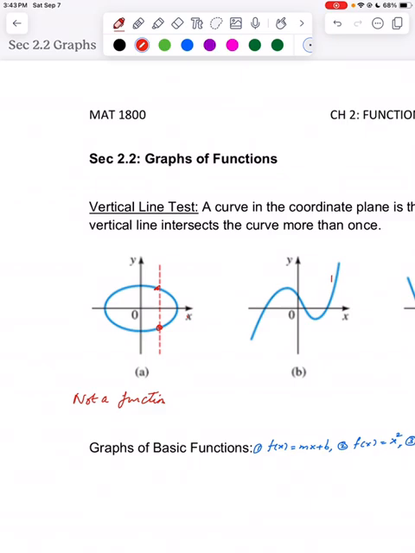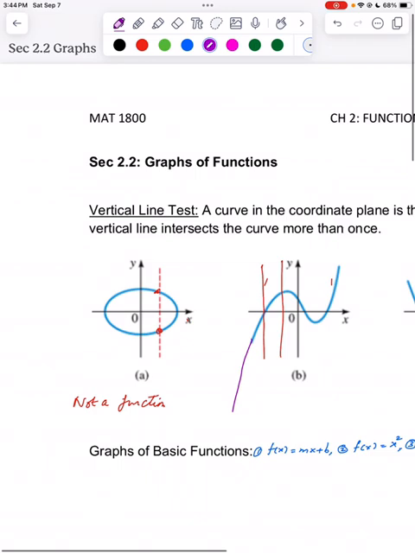The next curve, if I draw a vertical line, let's say over here, I notice it crosses the graph only one time. Now, is there a place where if we draw a vertical line, it will cross the graph in more than 1 point? No, we don't see that, right? When graphs are given like this, it should be understood that they go on and on forever, down and down, and on the right side going up and up.